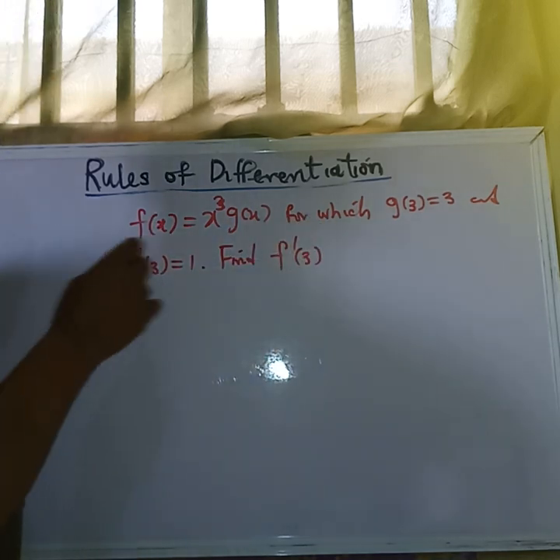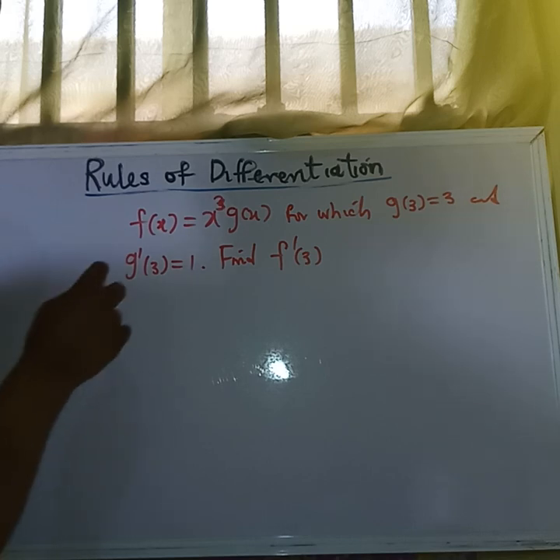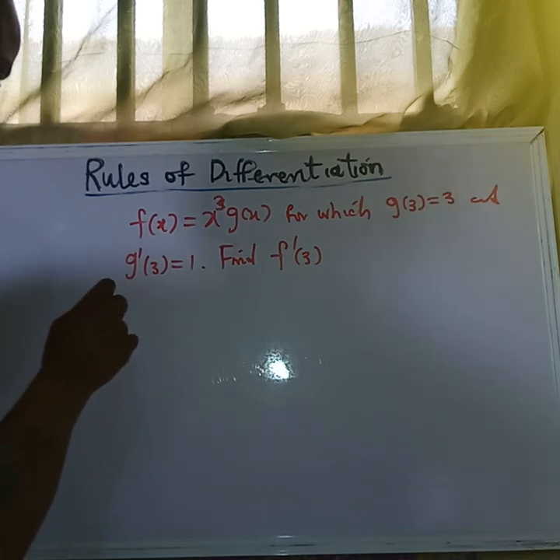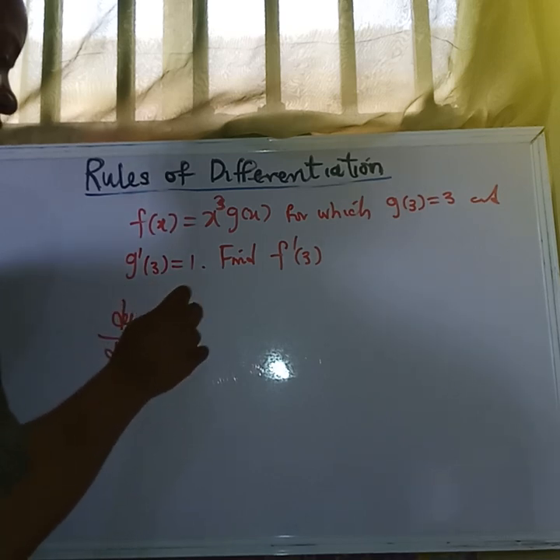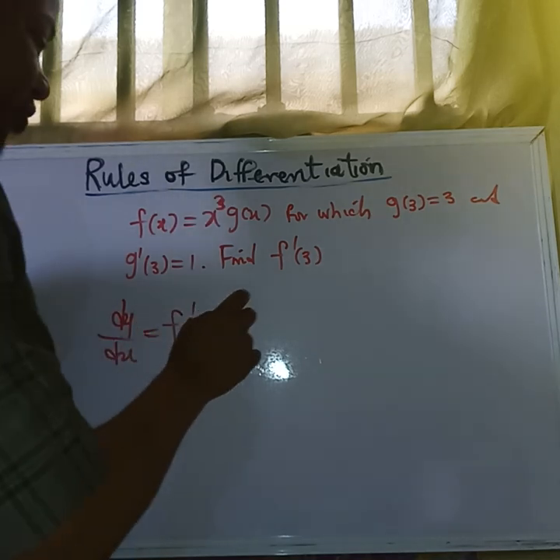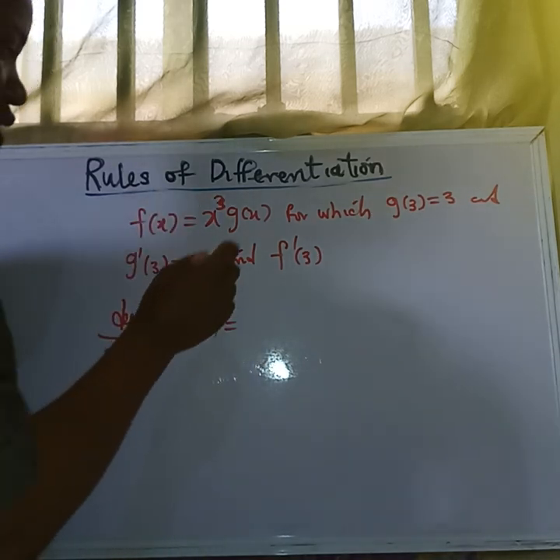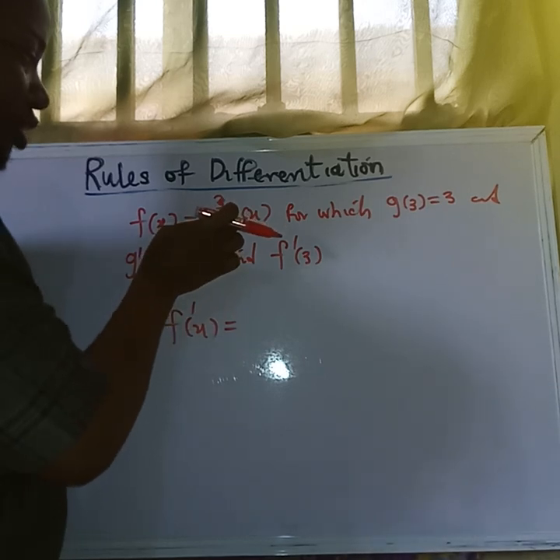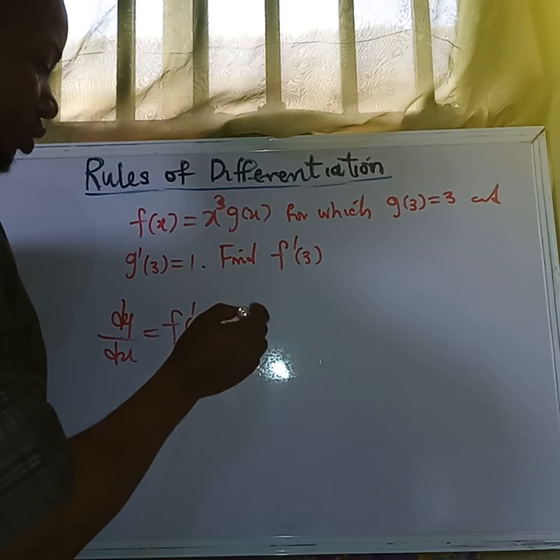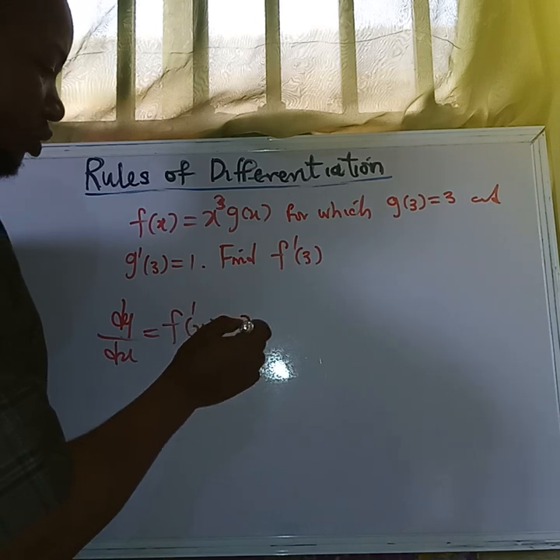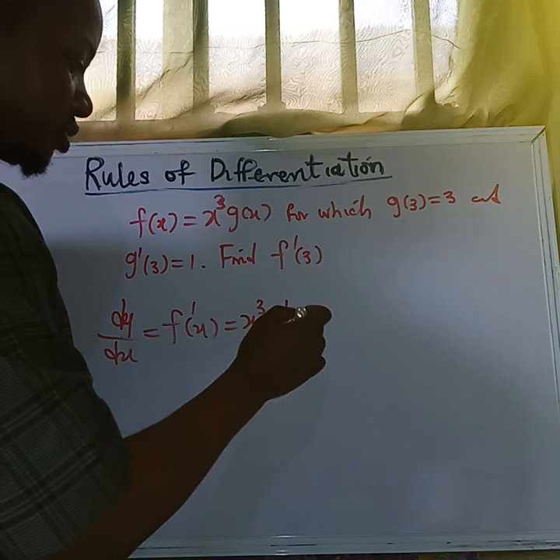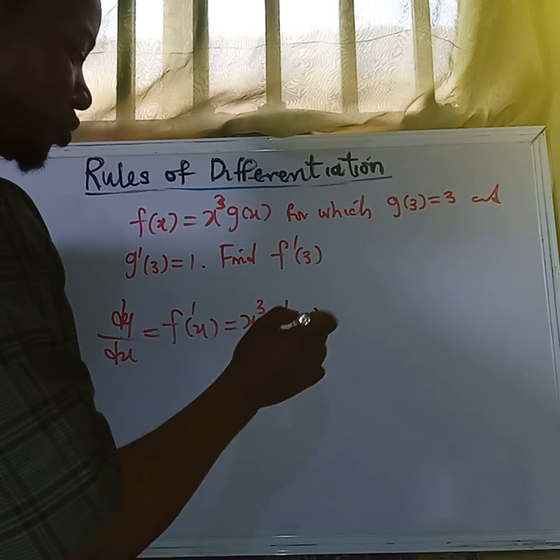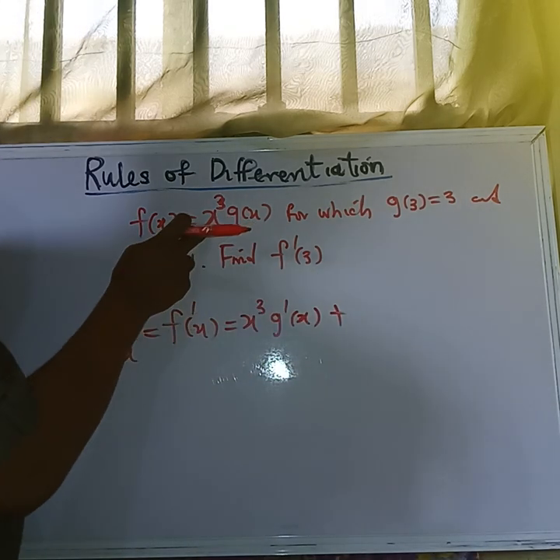As earlier discussed, if you want to find the slope of this function, we have f prime of x, and this f prime of x will be equal to, according to the product rule, we keep this function and differentiate this, then again we keep this and differentiate this.